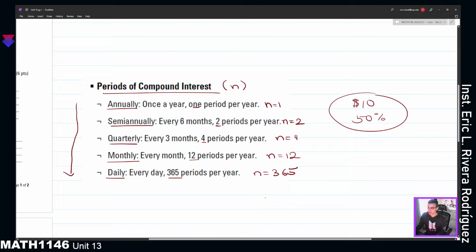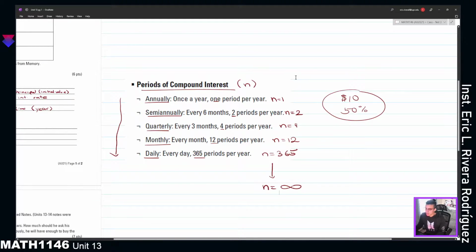All right. What happens if the bank gets greedy and wants to calculate the compound interest every 12 hours, every hour, every second? The bank can do that, right? Because that is their business. Let's suppose they are going to calculate to infinity, when the value of n gets greater and greater.